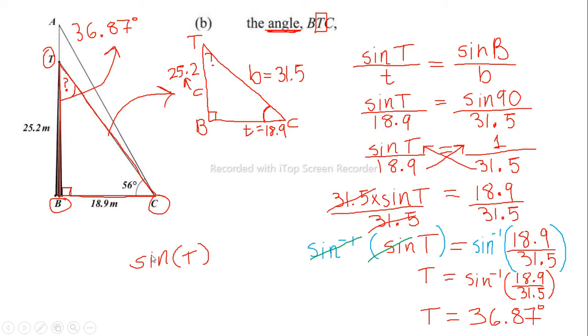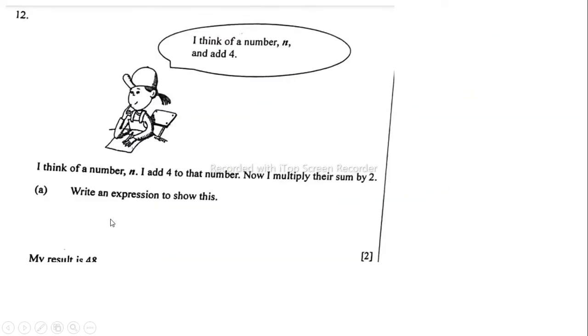Okay, so let's go. All right, so I think of a number. I don't know what this number is, but I think of a number and I call it n because I don't know what it is. And then I add 4, right? So I think of a number n, I add 4 to that number. Now I multiply their sum by 2.